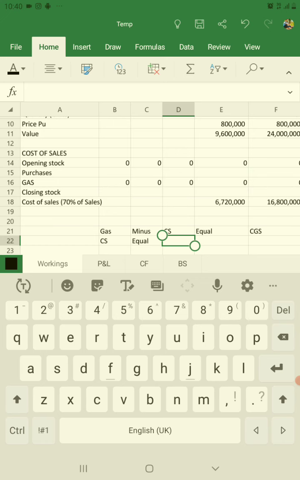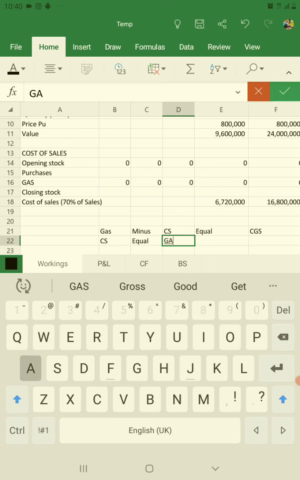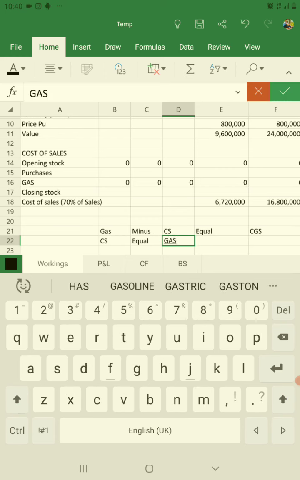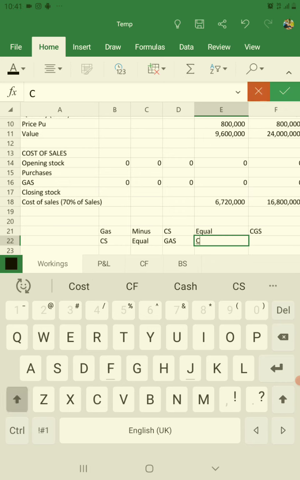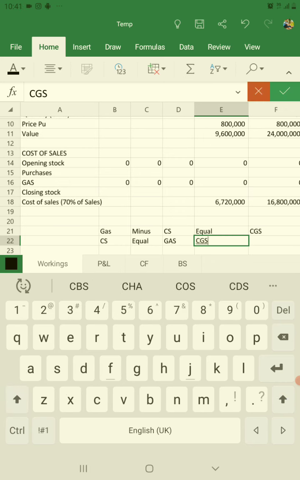So closing stock is equal to goods available for sales minus cost of goods sold.